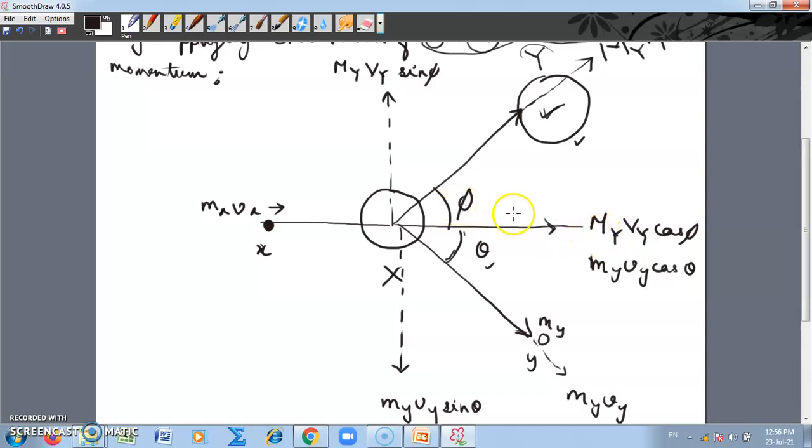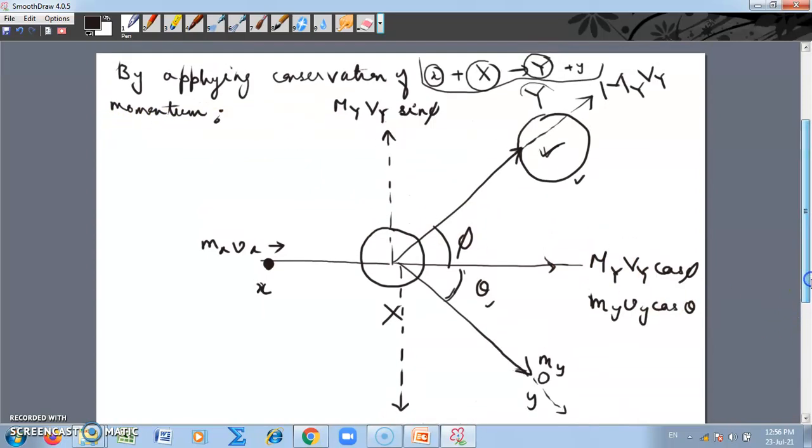So we had looked at the momentum components, and we have found all of them. By applying conservation of momentum along the horizontal direction, we can write mx vx.